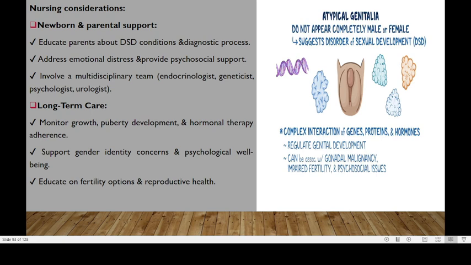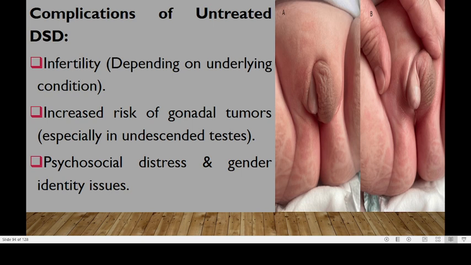You monitor the child's puberty, development, and hormonal therapy adherence, support gender identity concerns and psychosocial well-being, and educate on fertility options and reproductive health. Right? Remember, they do not appear completely male or female. Right? They are just there. That is the problem with our patients.